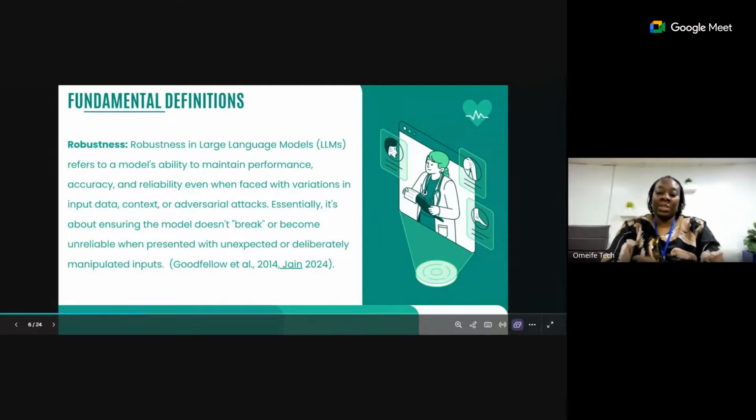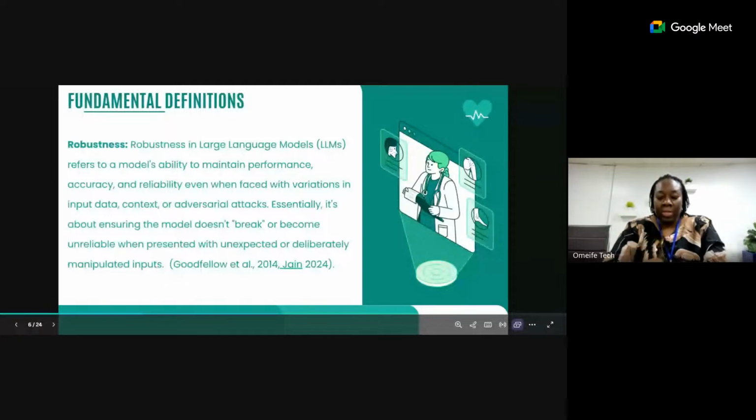Why is robustness important? It's crucial for LLMs because it ensures that they can be relied upon in real-world applications where inputs are often noisy, incomplete, or intentionally manipulated.